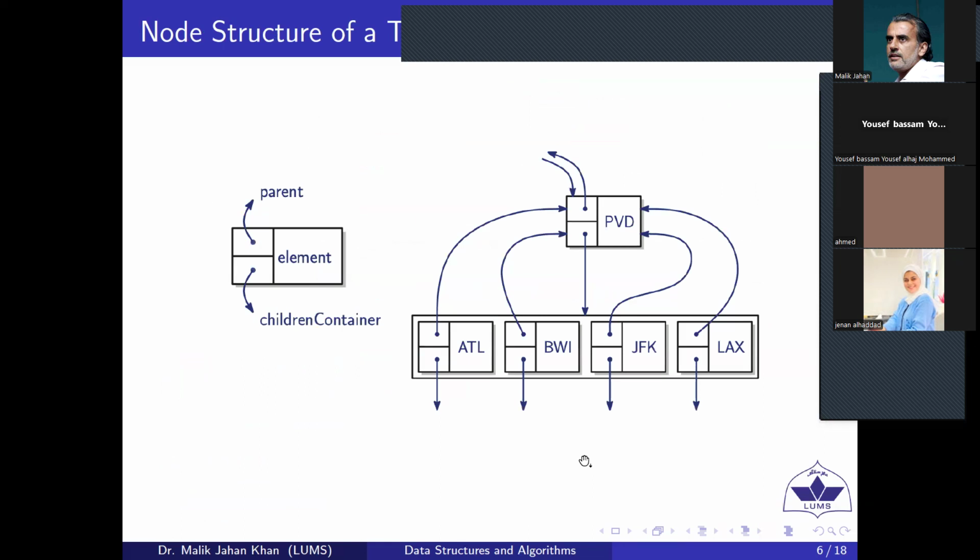So now, for the way we implement a tree, we have different methods. One possibility is that the smallest thing we need to create is a node. So we need to think of a node in terms of its implementation. For example, there is some data part.